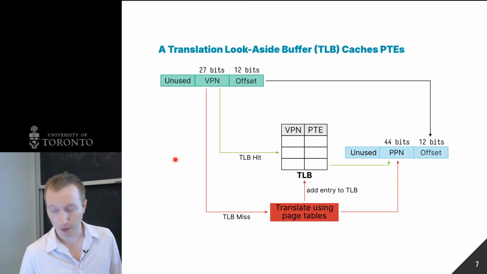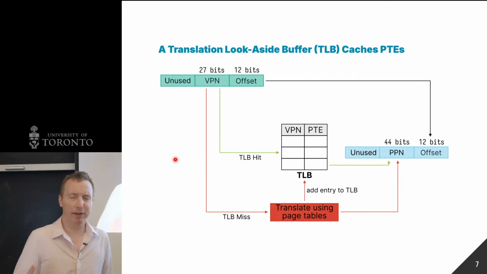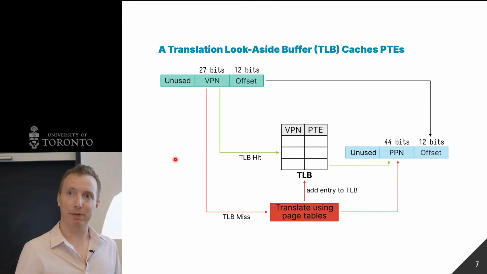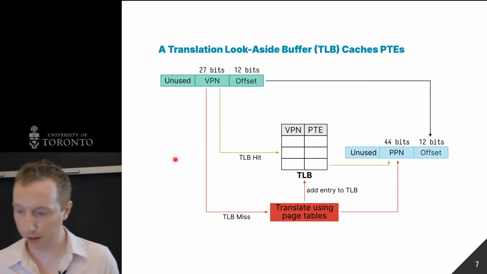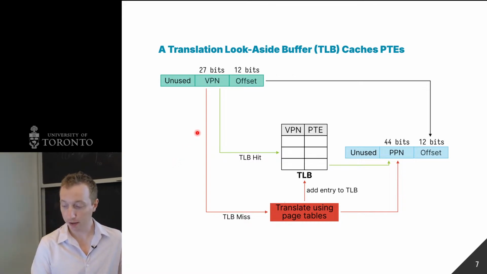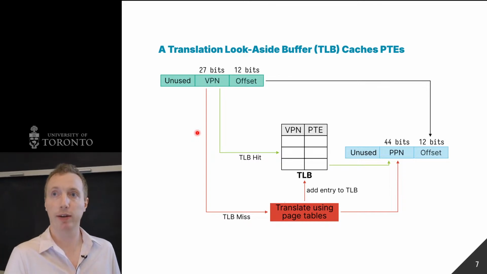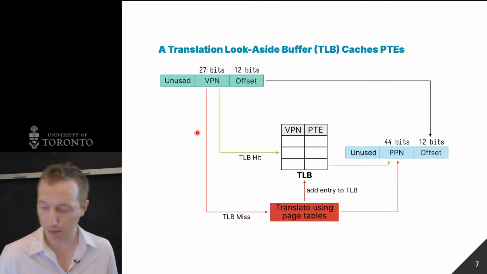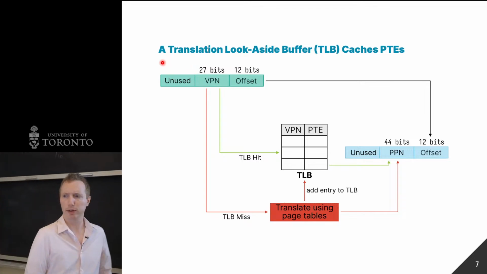So there is a cache. Essentially all caches do is save values and then retrieve them so you don't have to recalculate them. That's all a cache is. So there is a specific cache for doing the memory translations and looking up all the page tables. It is called a TLB, or translation look-aside buffer.